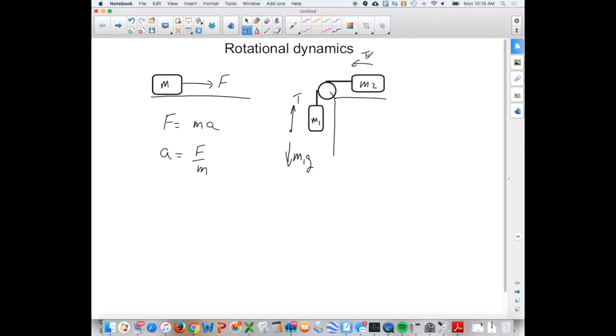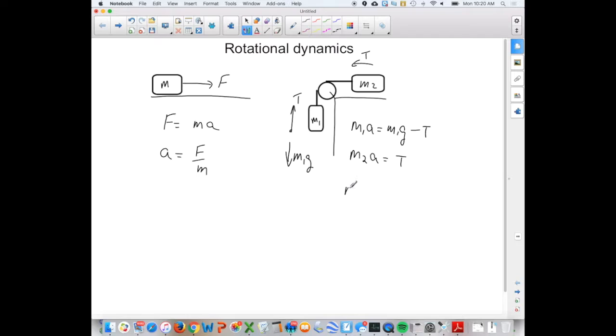And then assuming, as we did at the beginning of the year, that this is a massless pulley, we can write two equations. We can write M1A is M1G minus T, and M2A is equal to T.